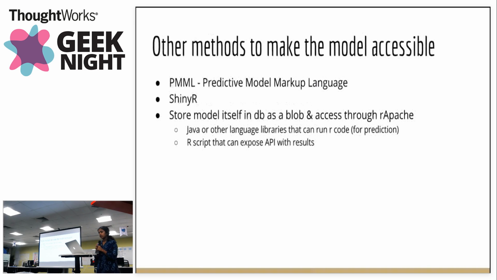Now I'll go on to some of the other methods which we considered while doing these two things, which were making the data modeling process continuous and making the model accessible. One is PMML. I had not heard of this before; I came across it while searching for the presentation. PMML is Predictive Model Markup Language. It's a standardized way of representing a model.